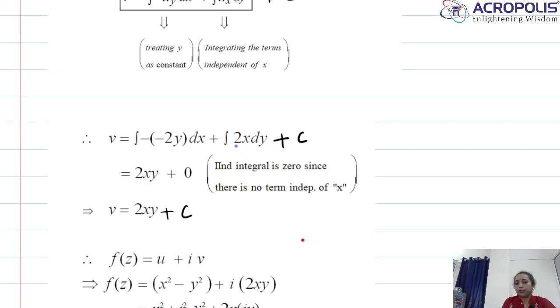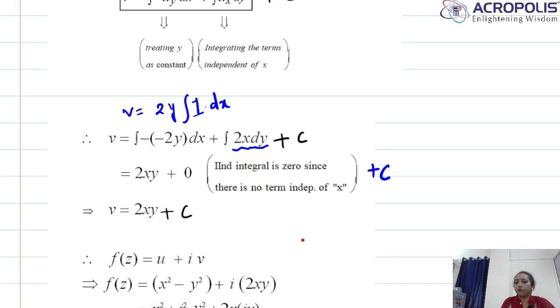My second integral will become 0 as there is no term which is independent of x. So v is equal to 2y integration of 1 dx. The integration of 1 with respect to x will become x, so the value is 2xy. So v is equal to 2xy plus c.